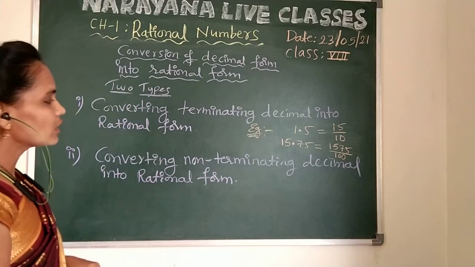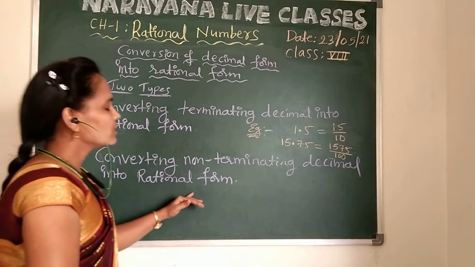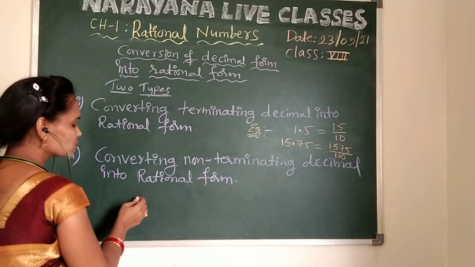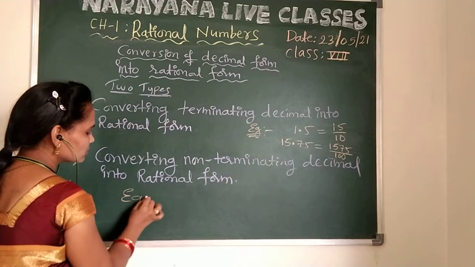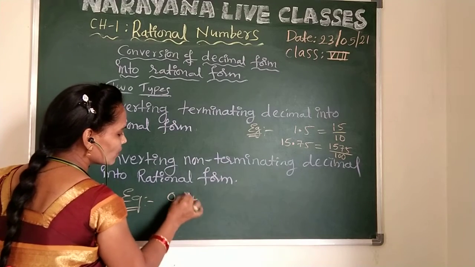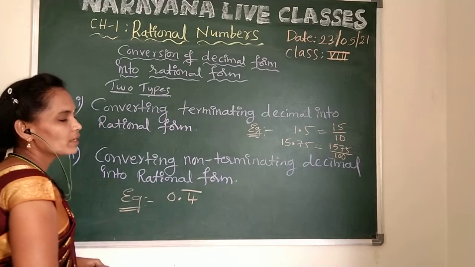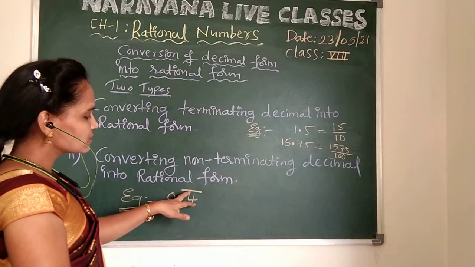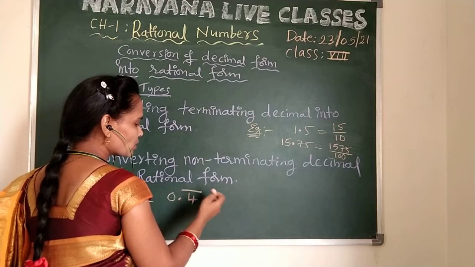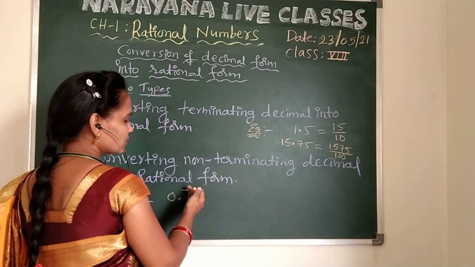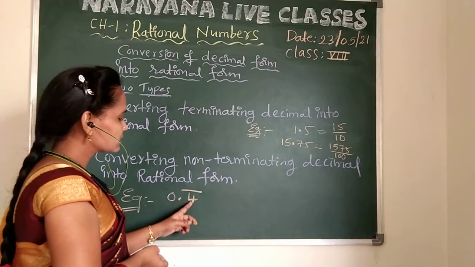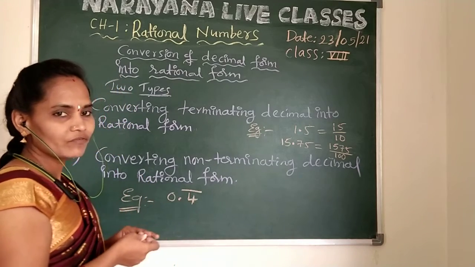Next is converting non-terminating decimal into rational form. Non-terminating decimal means the process will not end. Suppose, for example, I am taking one non-terminating decimal, 0.4 bar. The 4 bar means it is not ending; while doing division, the quotient keeps repeating. The bar indicates this 4 is repeating every time.